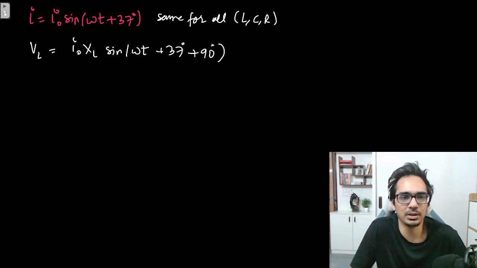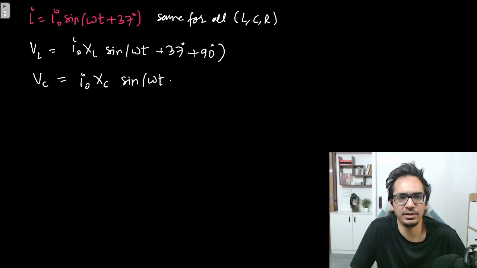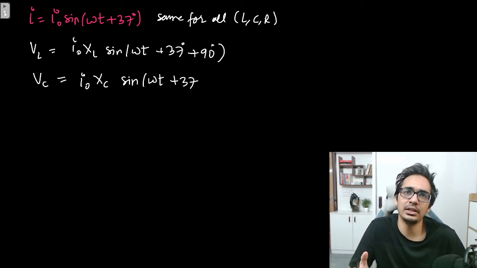Similarly, voltage across the capacitor is I naught into XC sine omega t plus 37. Now the voltage across the capacitor lags the current across it by 90 degrees.